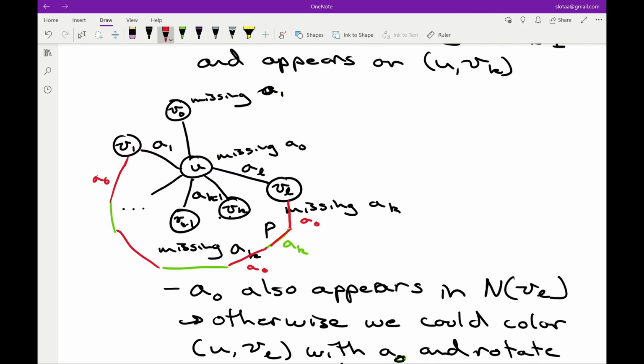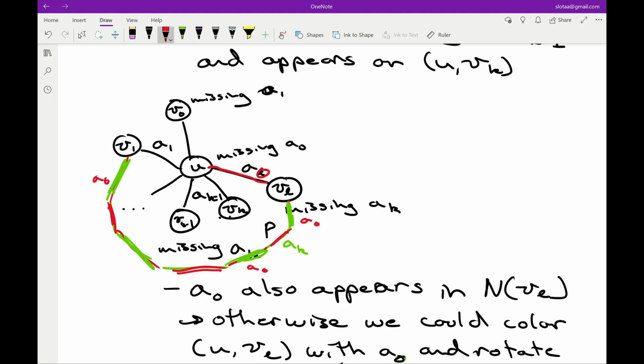So let's do that. Swap, swap, swap. Kind of getting, let's make it a little better than that. There we go. A naught. Or even if it ended up elsewhere in the graph, it doesn't really matter. The idea is the same.